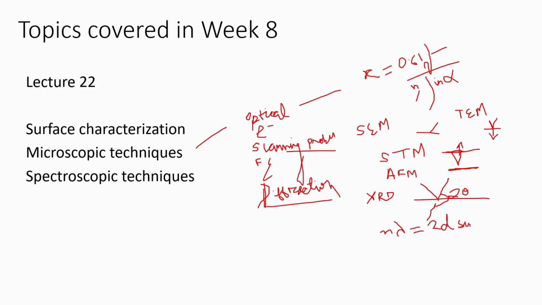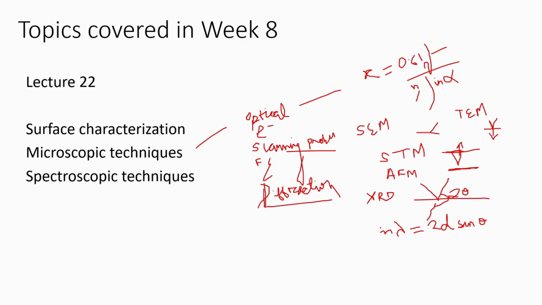Lambda is the wavelength of the incident light, theta is the angle formed after diffraction, and d is the interplanar spacing. So this has high resolution and gives information about the interplanar spacing.